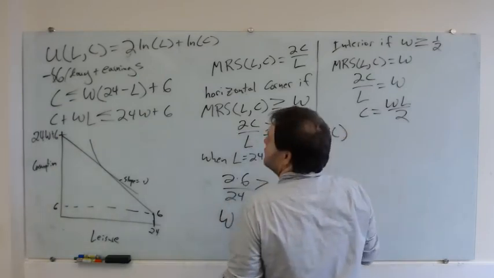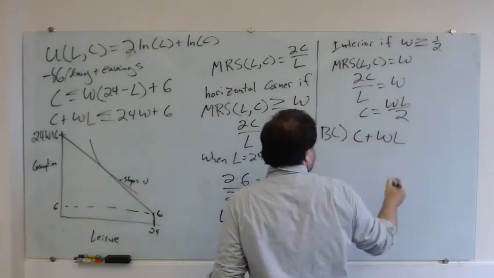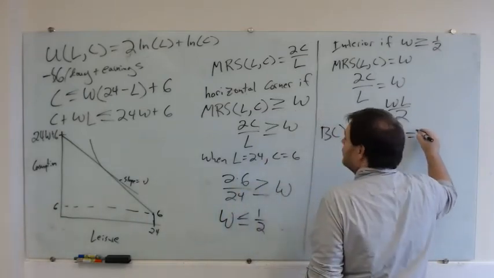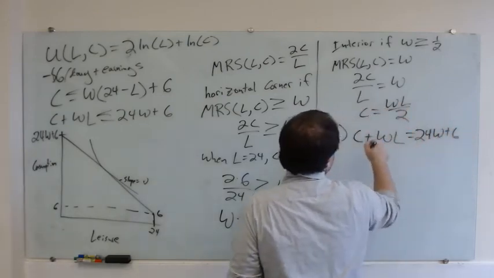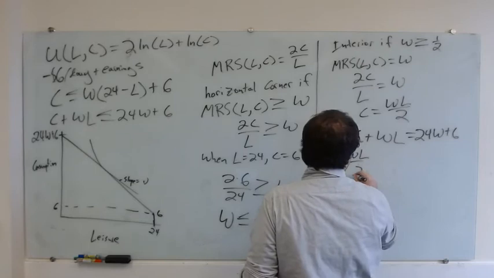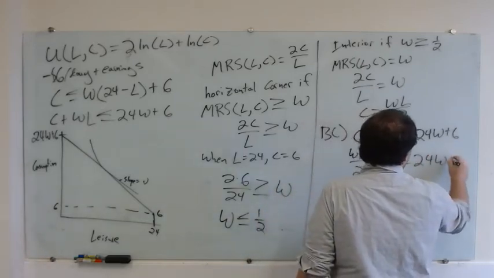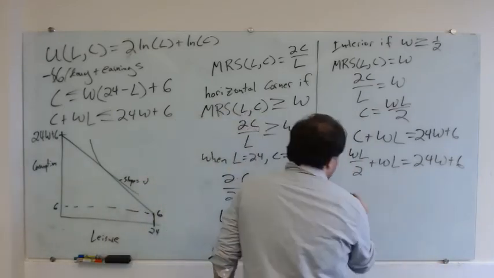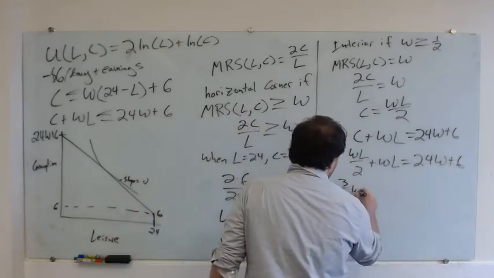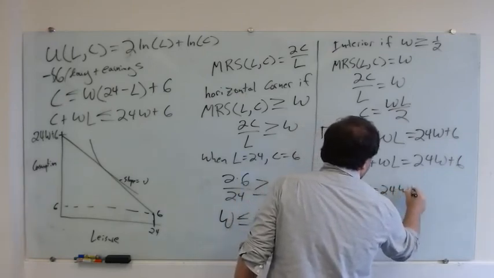So then I would say C plus WL equals 24W plus 6, right? So WL over 2 plus WL equals 24W plus 6, right? So that means 3/2 W times L equals 24W plus 6.